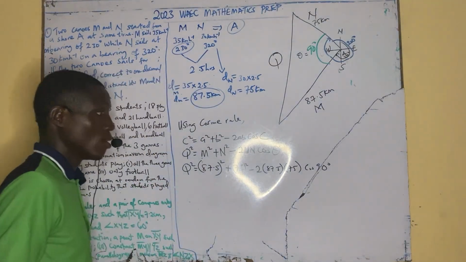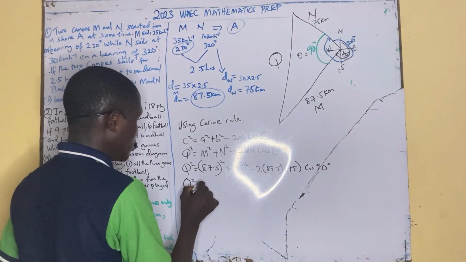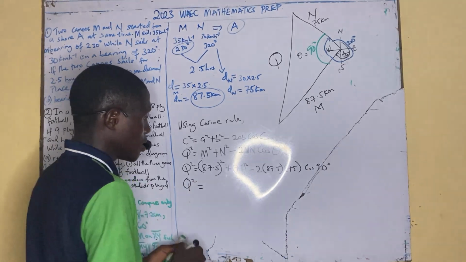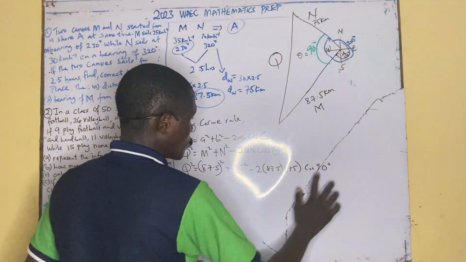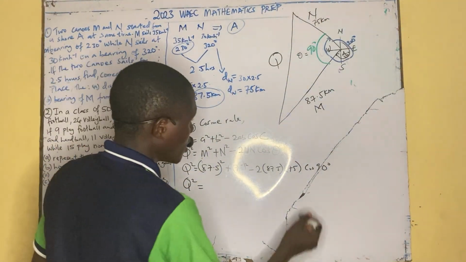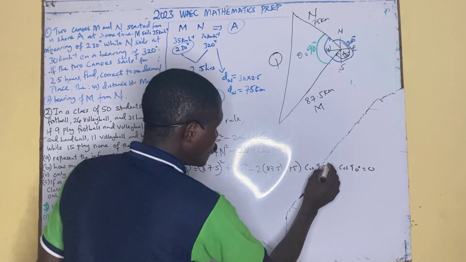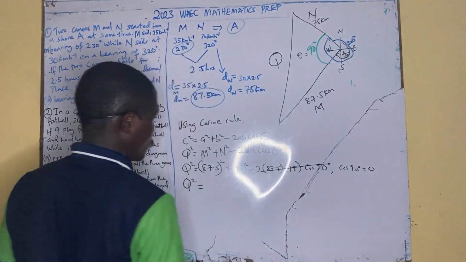Cos 90 degrees will always give you 0. So everything multiplied here will be 0, because cos 90 is equal to 0. Please know that cos 90 is equal to 0.